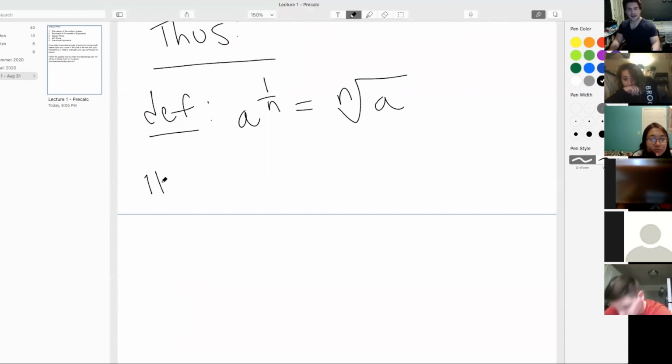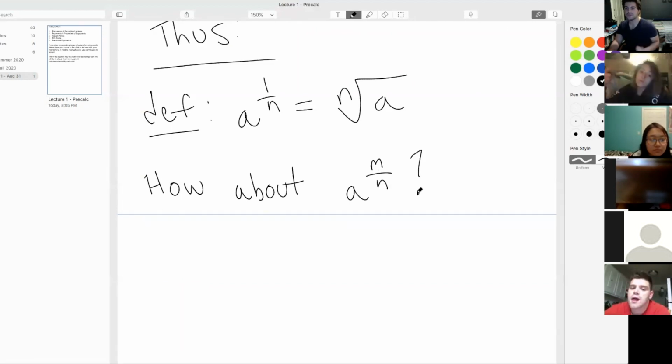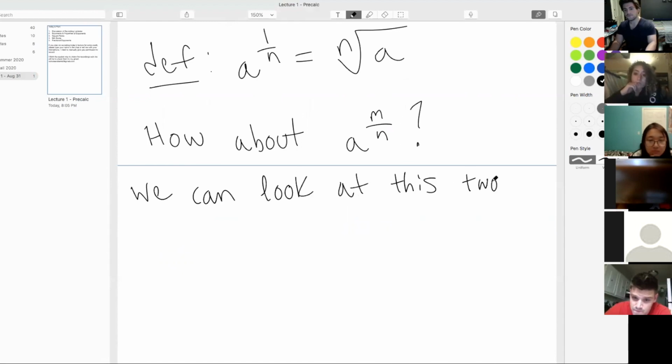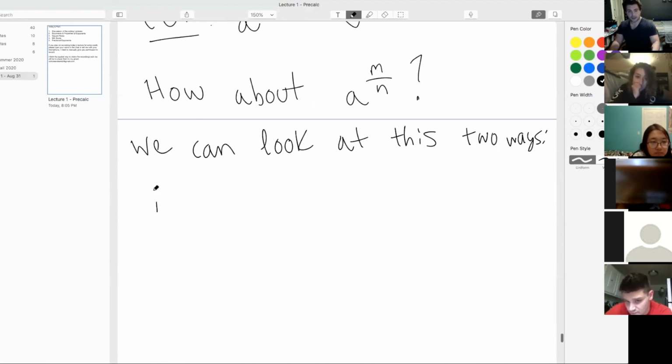How about a to the m over n? How do we do that? That's going to be our last step in this direction. We can look at this two ways. First way. A to the m over n.